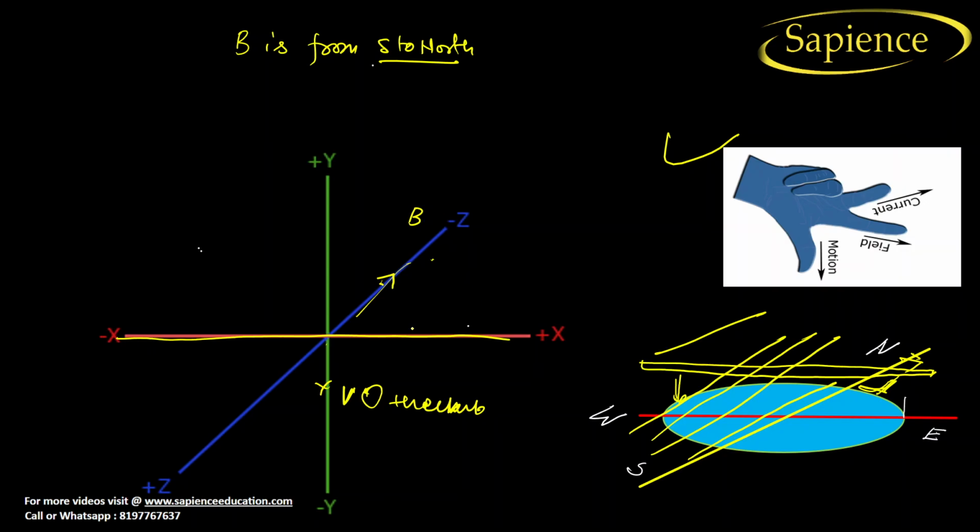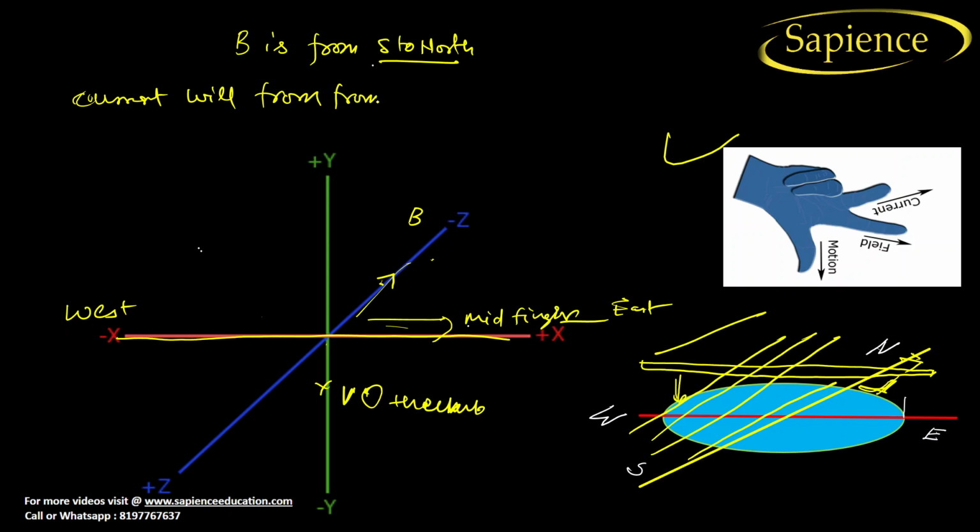The middle finger will show you the direction of current. So let us suppose this is your west and this is your east. Current will flow from east to west, got it? Current will flow from east to west, right?